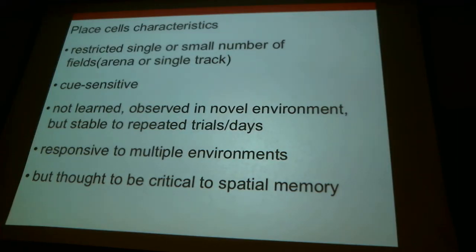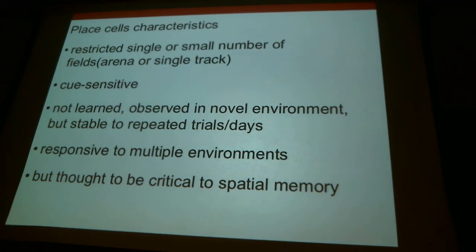Generally the place cell characteristics are that they're restricted to a small area within a particular field. They're sensitive to cues. These are not really learned. This is activity that happens the minute you put the animal in an arena. It may respond differently in different arenas, but it's always there.